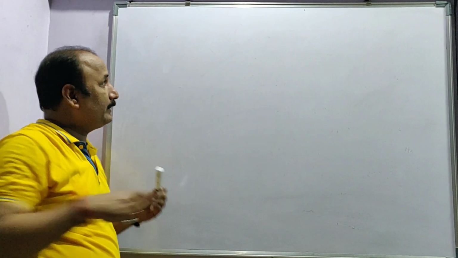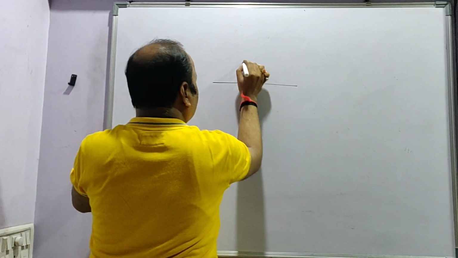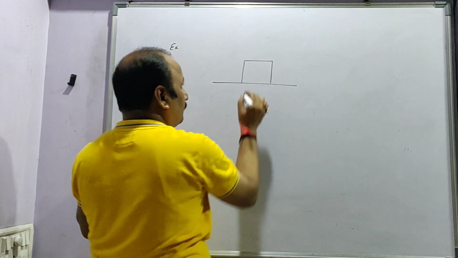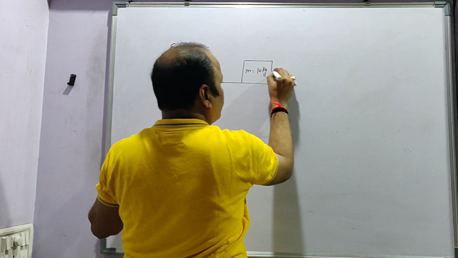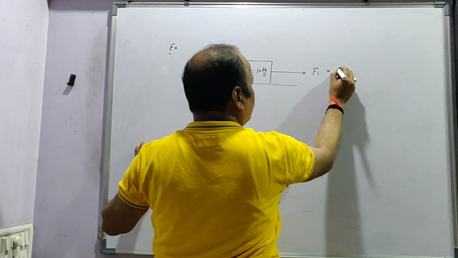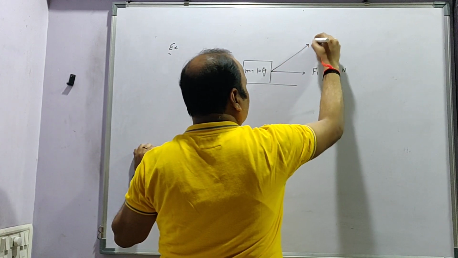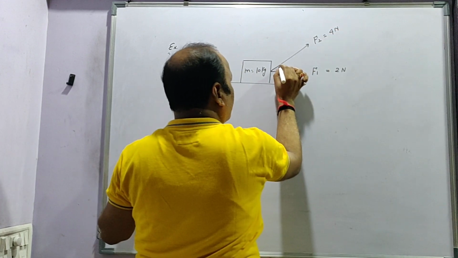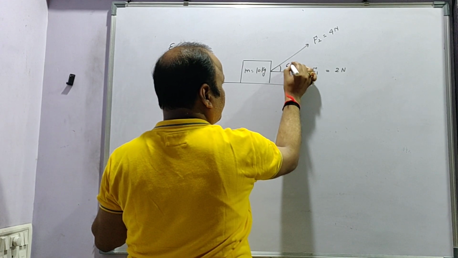Next example is, let us take a body which has mass, suppose, 10 kg, and there is a force F1 that is 2 Newton, F2 is 4 Newton, and the angle between F1 vector and F2 vector, let us take 60 degrees.